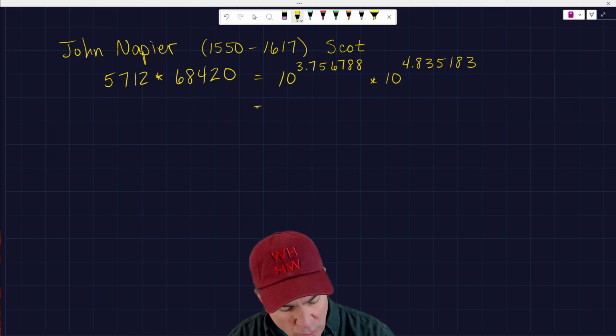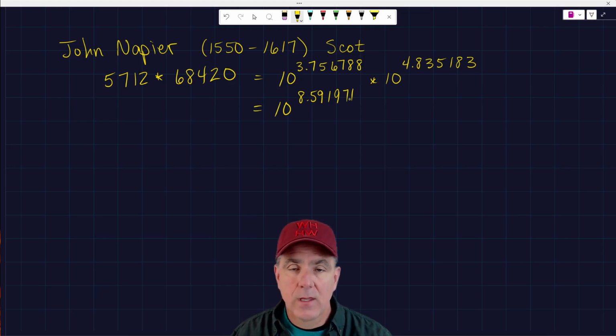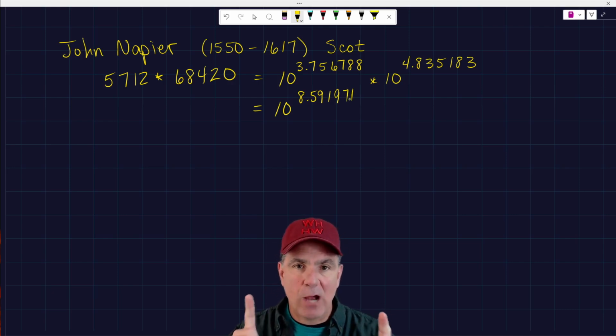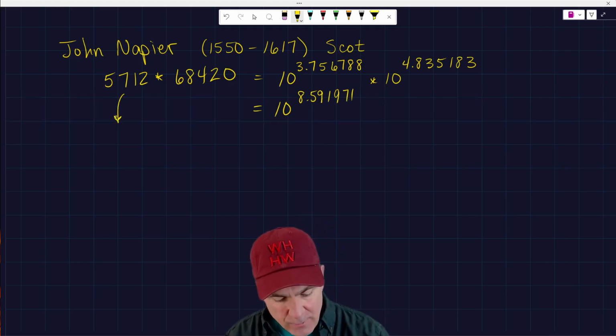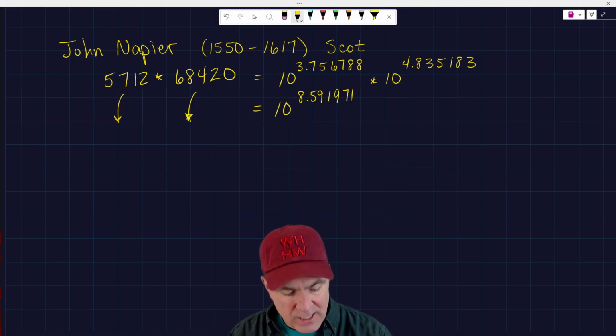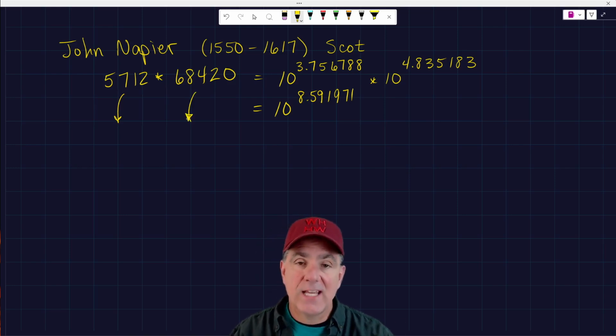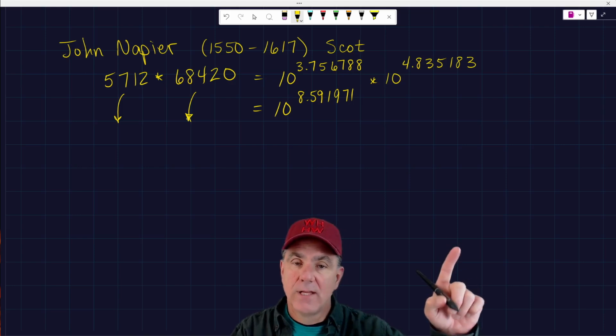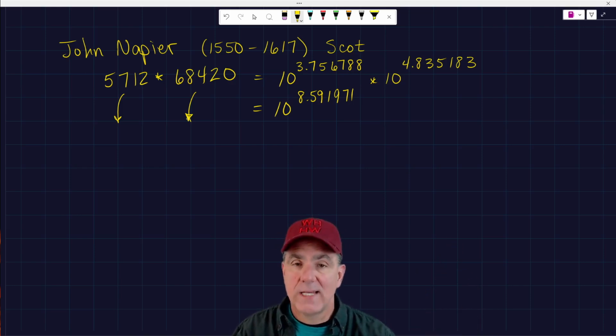I realize that whatever this thing is, it's equal to 10 raised to the 8.591971 power. So if I had a table that allowed me to convert this number into its exponent, the 3.75, etc., etc., and this number into its exponent, then I could just add the exponents together and use the table to go backwards. And that's exactly what logarithmic tables were.